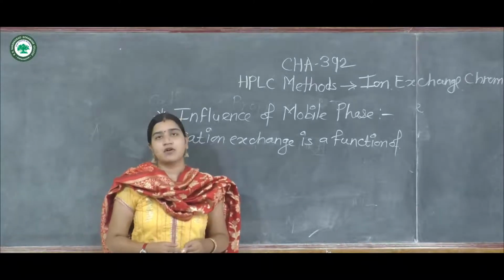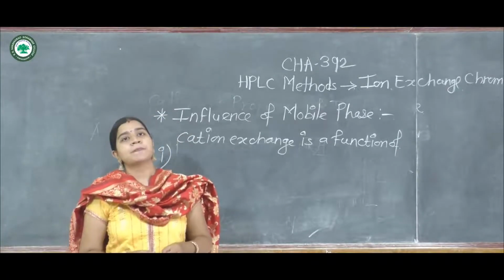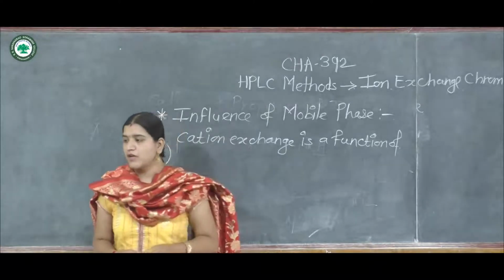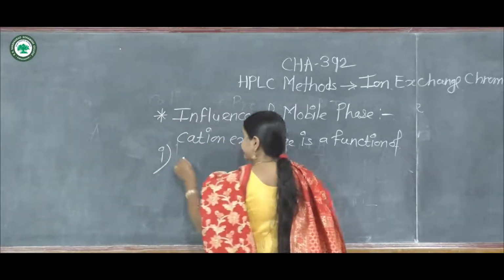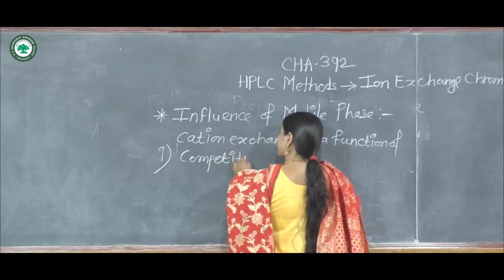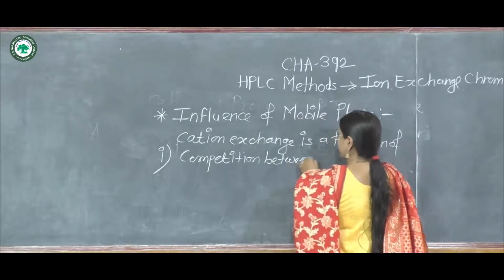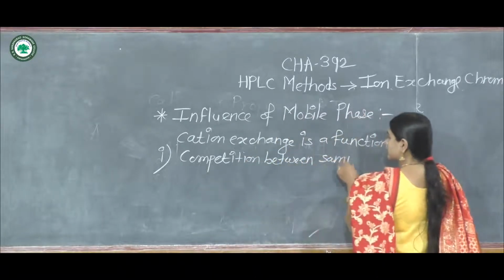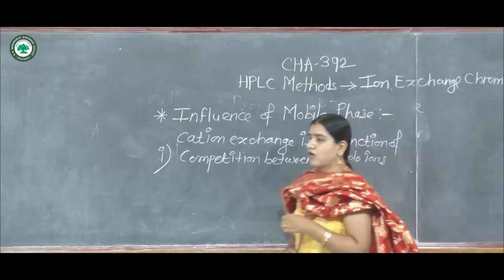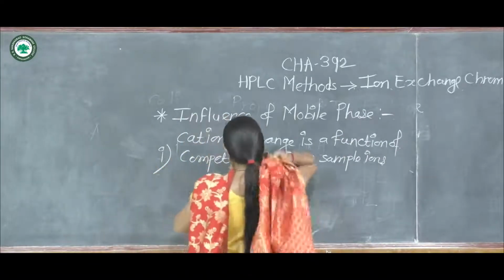That means if you want to analyze the positively charged ions, then you will go for the cation exchanger. So cation exchange is a function of a competition between the sample ions and Na plus counter ion.